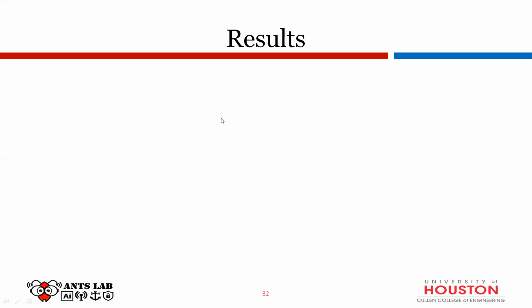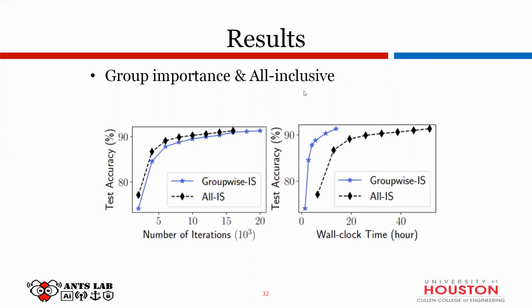Okay. The next part is the comparison between group importance and all inclusive. The first one is group-wise importance sampling, and the other one is where you do the update all at once.